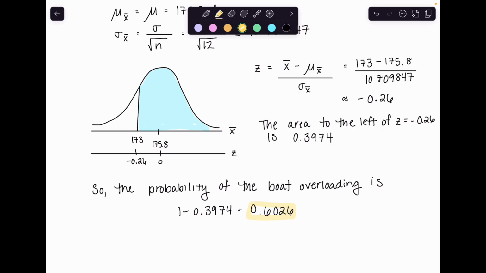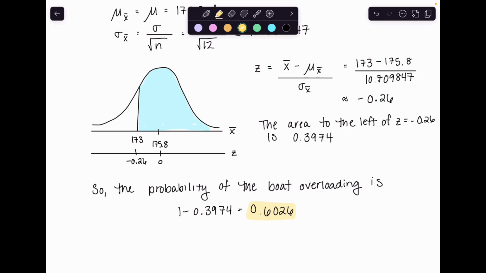So even with this, there's still about a 60% chance that the boat can capsize, when they cut the passengers down to 12 and assumed a bigger weight, because they still used a weight that was less than the true mean of individuals. So really still not a great safety measure.